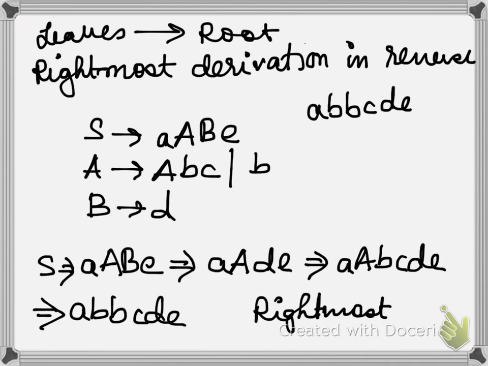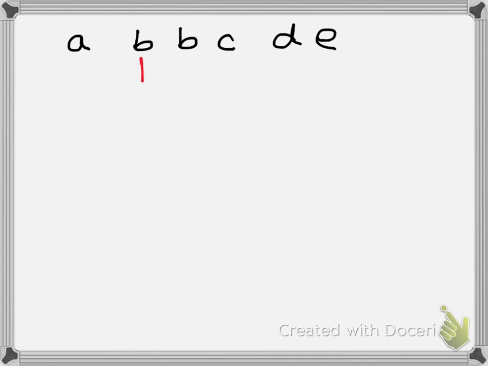Let's see how we can do a bottom-up parsing of this. To do a bottom-up parsing, I'll first write down the string a b b c d e. It is a rightmost derivation in reverse. That means the last rightmost derivation that we did was for A, for this character. So here I will replace it by A. Next I can take A b c and replace it by A again.